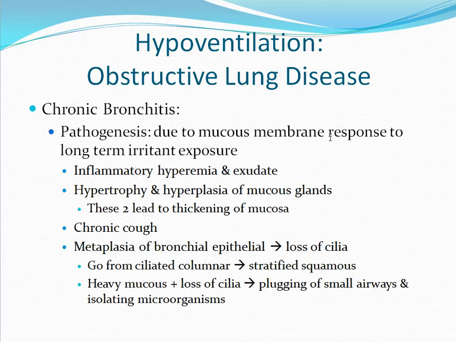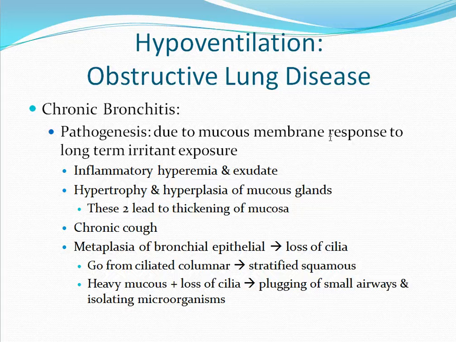The pathogenesis is typically due to the mucous membrane's response to these long-term irritants. This includes inflammatory hyperemia and exudate formation, as well as hypertrophy and hyperplasia of the mucus glands. Together, these first two will lead to thickening of the mucosa. You will also see the development of a chronic cough. This is an attempt to clear this thick mucus.